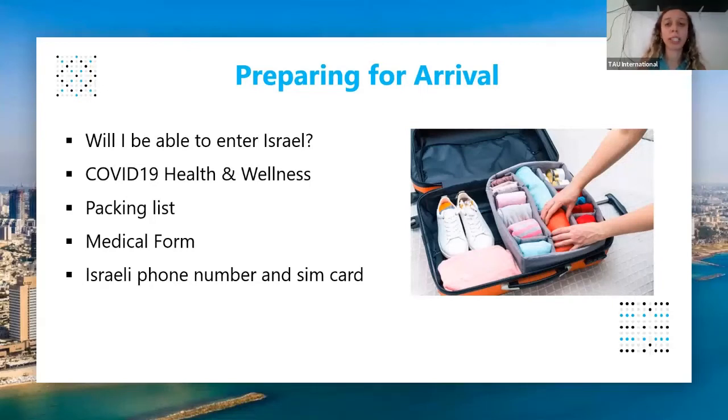Okay, where will quarantine, if needed, take place, in the dorms or elsewhere? So it depends. We obviously have limited space in the dorms, so it depends on the amount of students and their arrival time. We are hoping to quarantine students in the dorms if needed, but we will need to see what the government says.